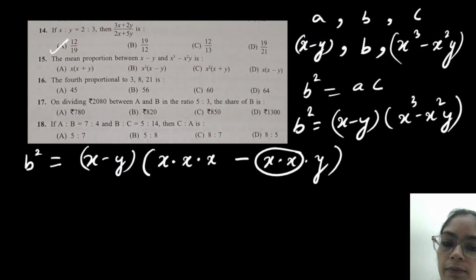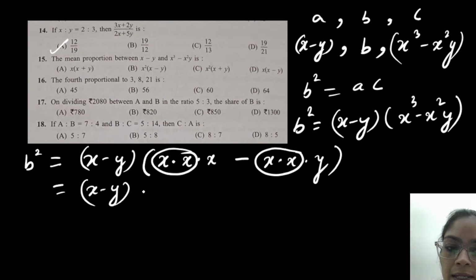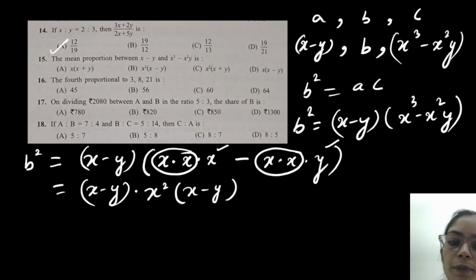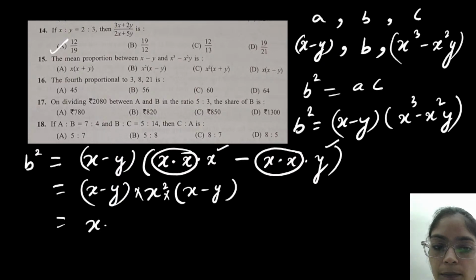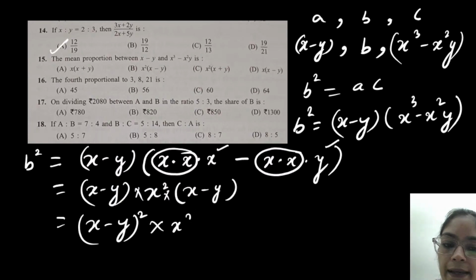Now x square we can take out common. Here I am taking x square out. What is left behind? x minus y. So x minus y into x square into x minus y. So x minus y into x minus y will become x minus y whole square into x square.